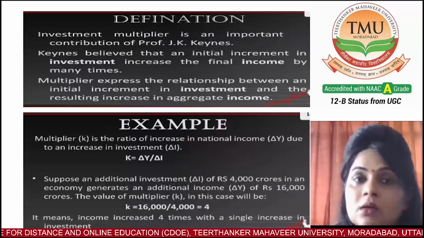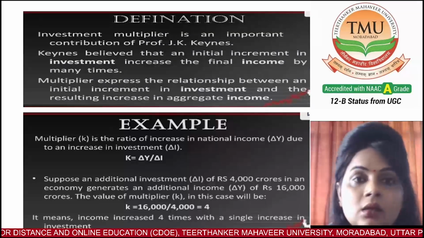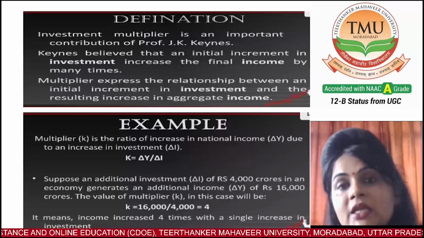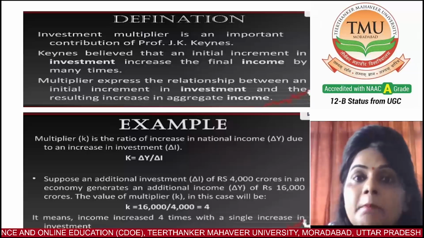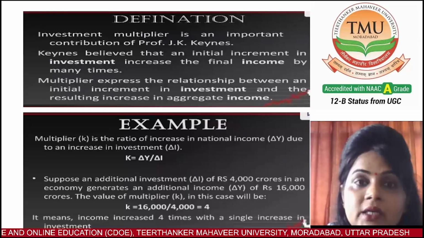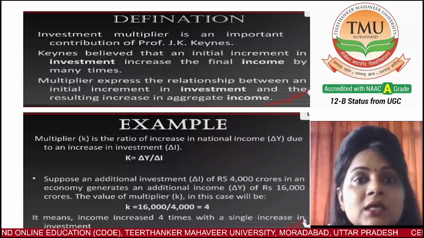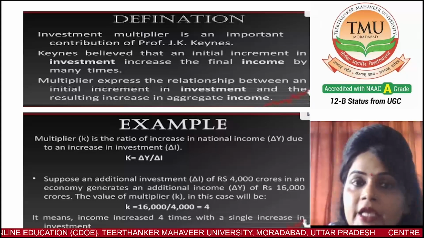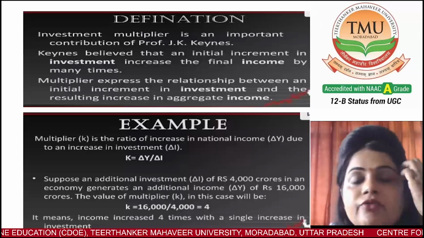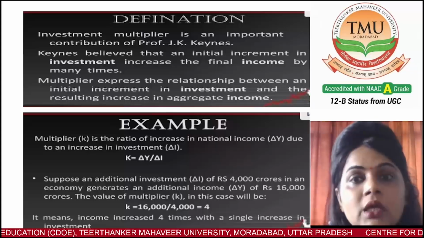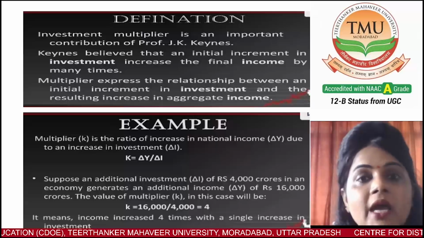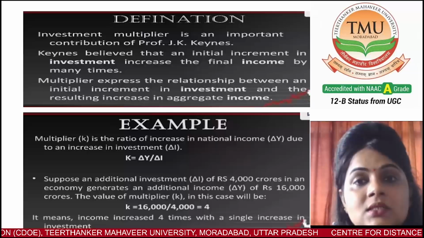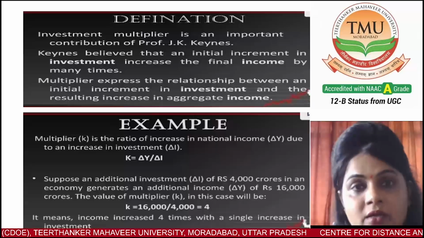So multiplier, symbolically K, is the ratio of increase in national income, delta Y, due to an increase in investment, delta I. It means K is equal to delta Y upon delta I. Suppose an additional investment delta I of rupees 4,000 crore in an economy generates an additional income delta Y of rupees 16,000 crore.